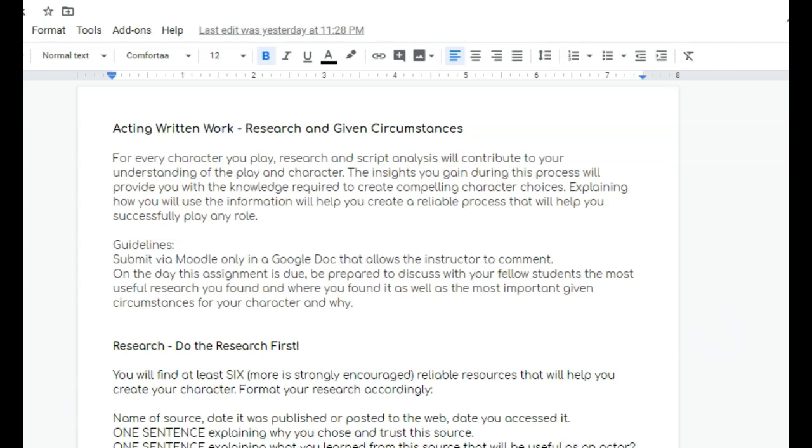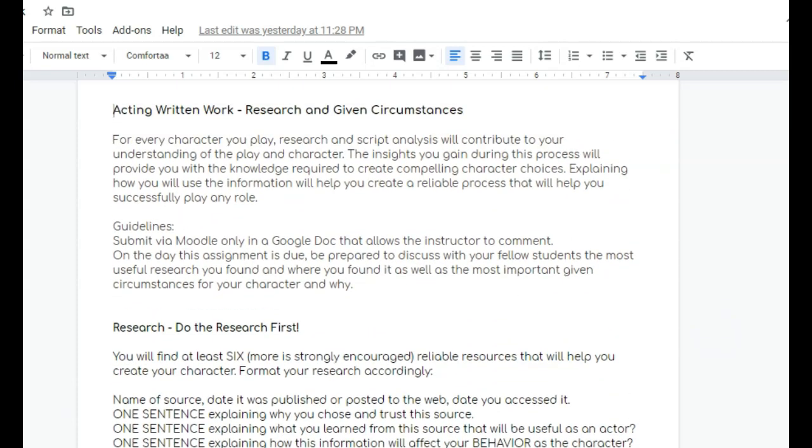So, for every character and every play, you will research. You'll do research and script analysis. It will contribute towards your understanding of the play and therefore understanding of your character.